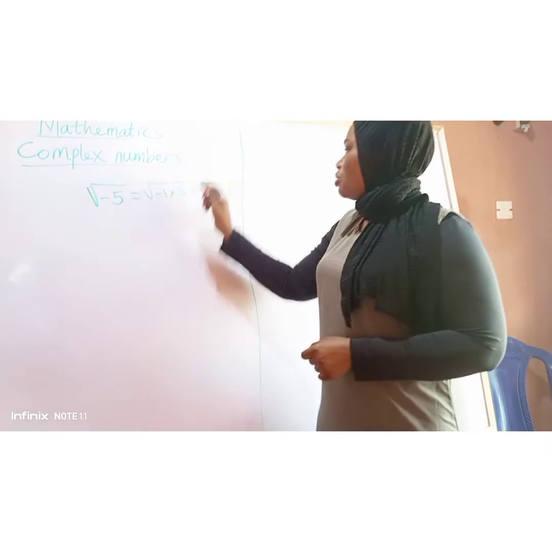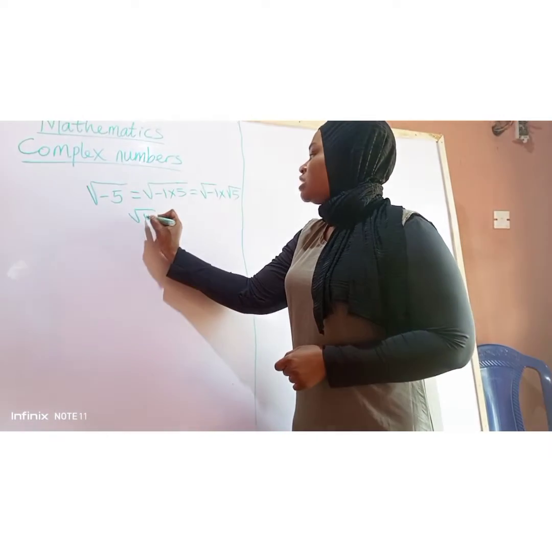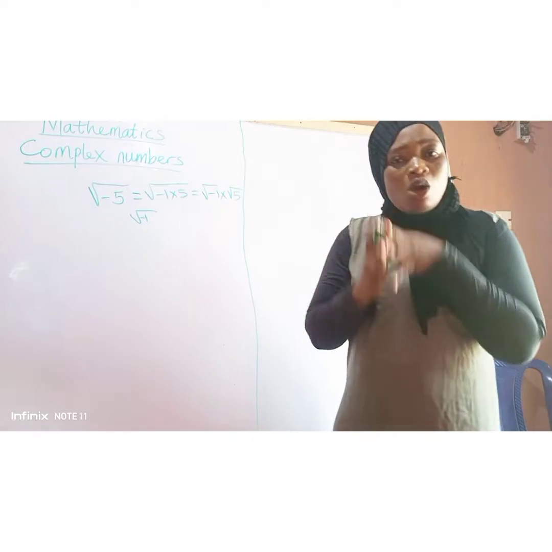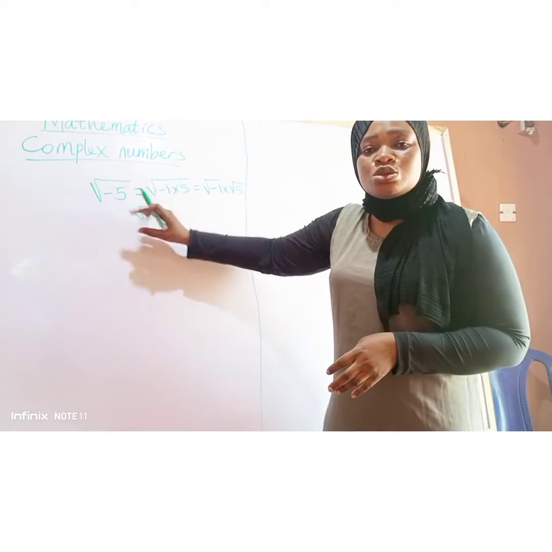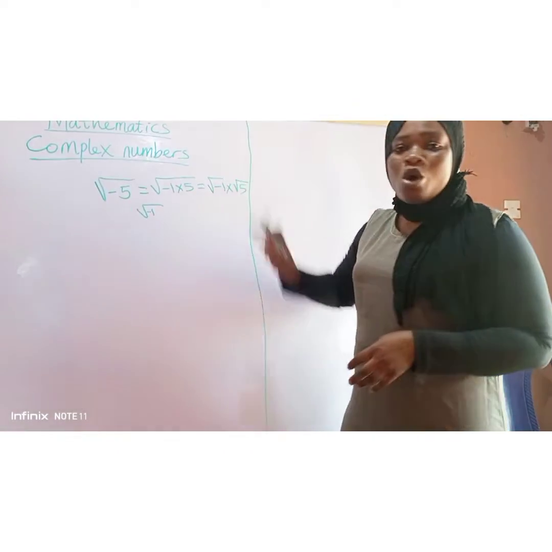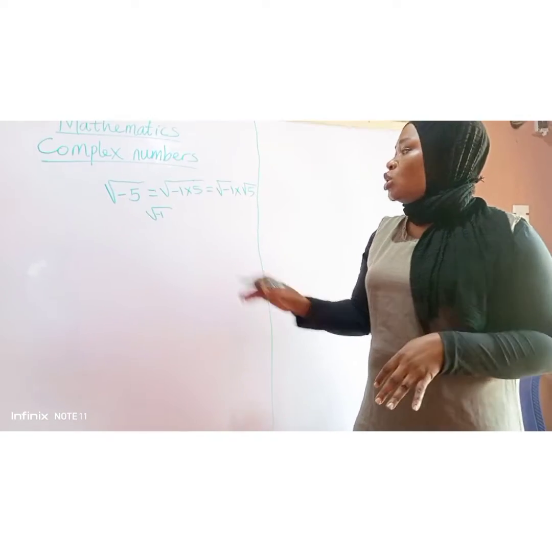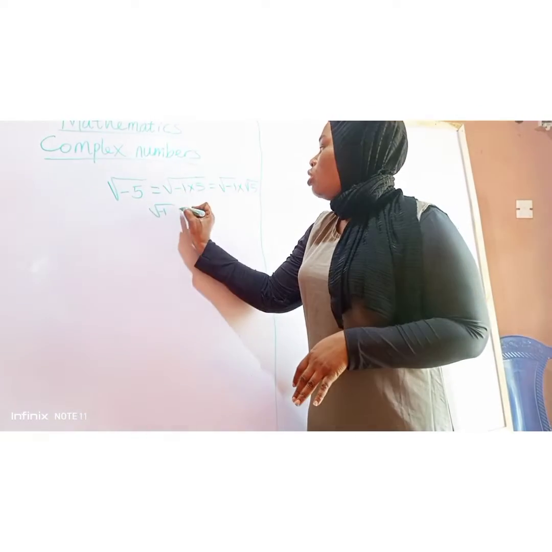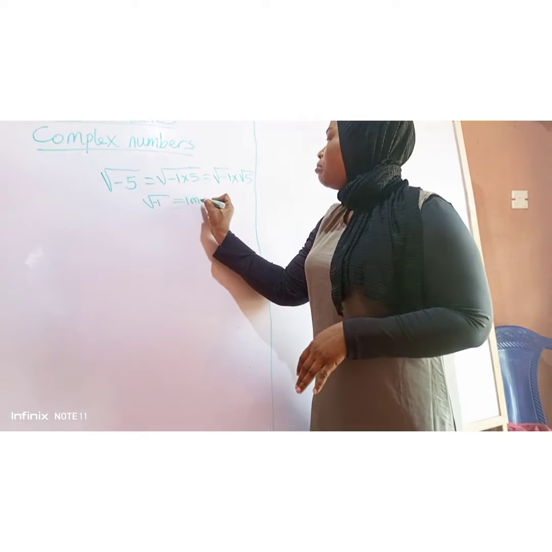So for this square root of minus 1, mathematicians came about and said that, instead of our work being wasted, let's just assume it to be called an imaginary number.